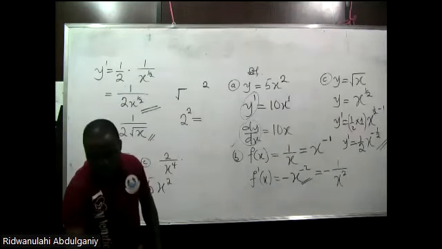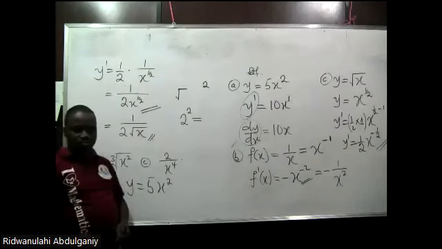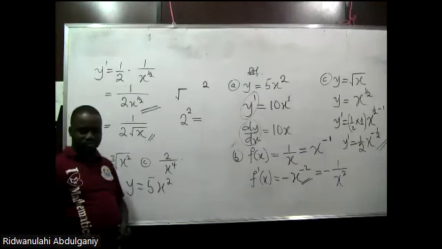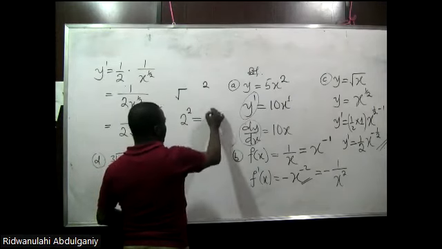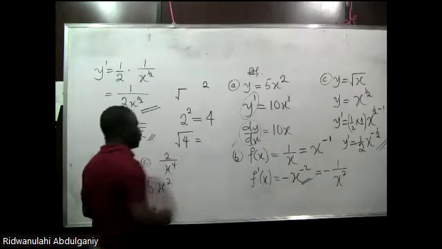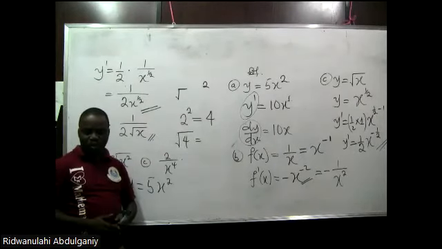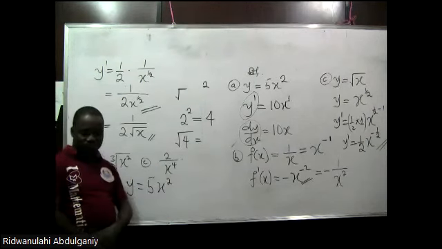Network. Okay, no problem. Now, what is 2 raised to the power 2? 2 raised to the power 2 gives us 4. Then if you now have square root of 4, what does it give us? What is the result of square root of 4?